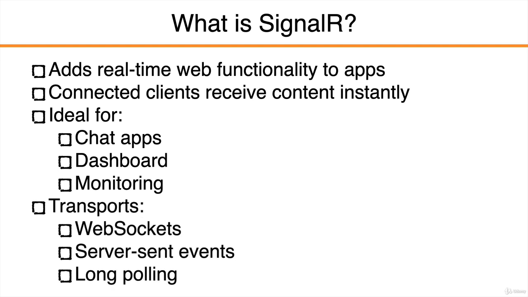Now, SignalR has the option to use three different types of transports. It can use WebSockets, server-sent events, or long polling. If both the server and the browser indicate they support WebSockets, then WebSockets is the only transport that establishes a true, persistent, two-way connection between the client and server. If WebSockets is supported on both sides, then WebSockets is what's going to be used.